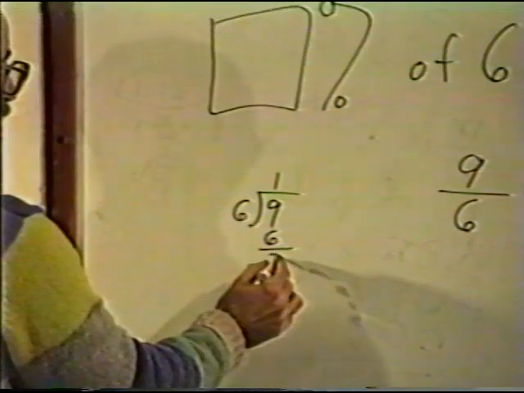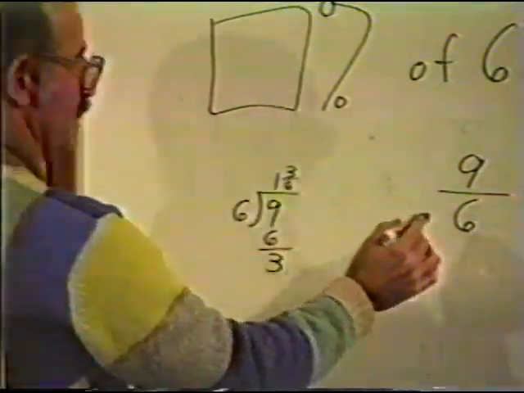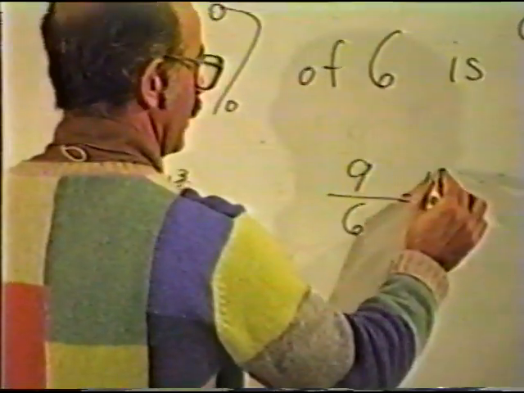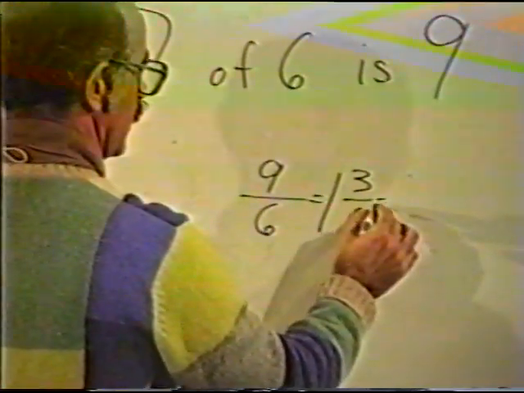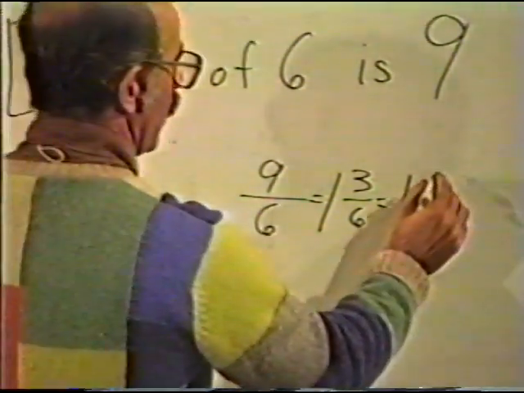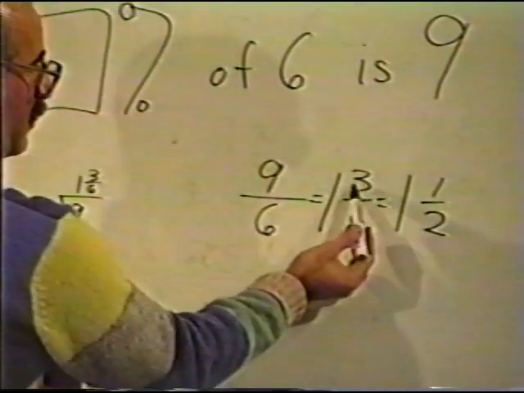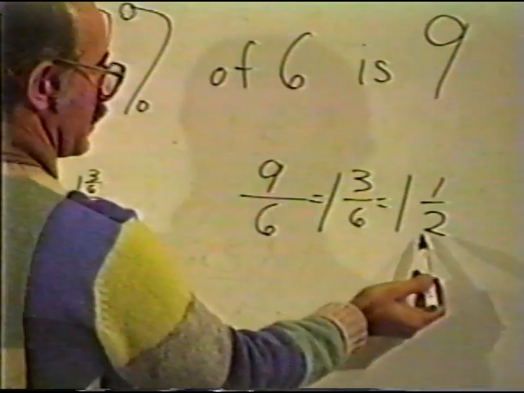Subtract, get 3. 3 what? 3 sixths. 1 and 3/6. And the 3/6 can be reduced to what? 1/2, by using 3. 3 into 3 is 1. 3 into 6 is 2.